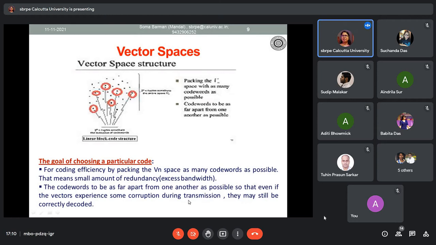Otherwise, if a single digit changes during transmission of the bits, one code word may be erroneously detected as another code word.